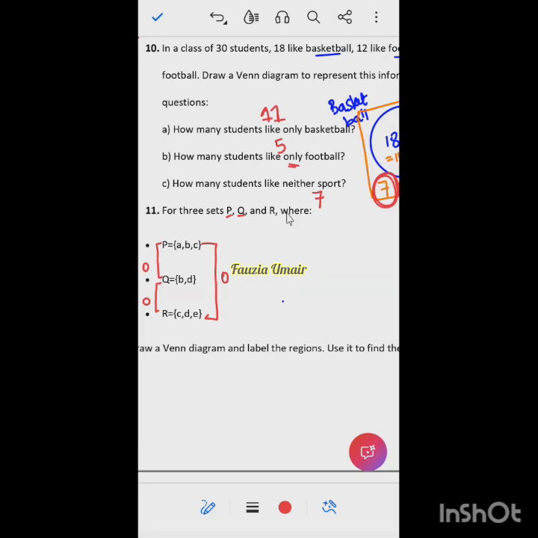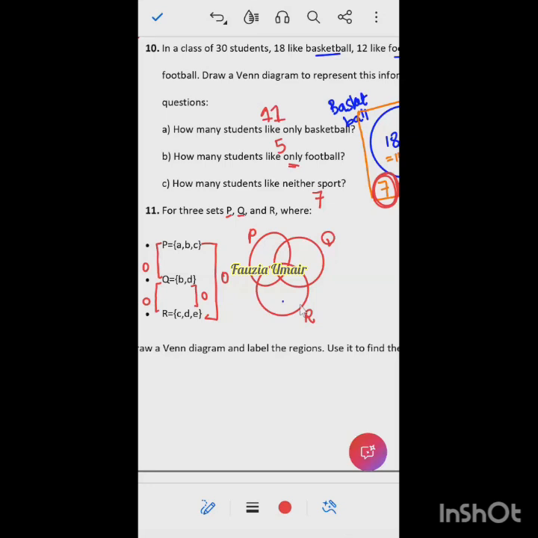So how are we going to draw? P is an overlapping set to Q. R is overlapping set to P and Q also, right? D is there. So this kind of situation is there, P, Q, R, right?